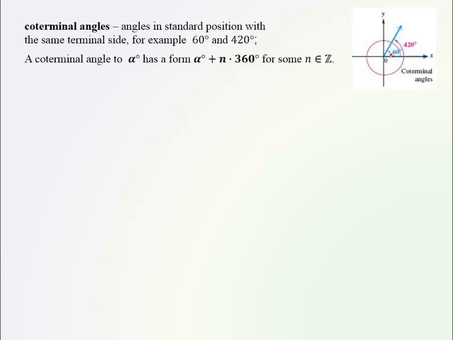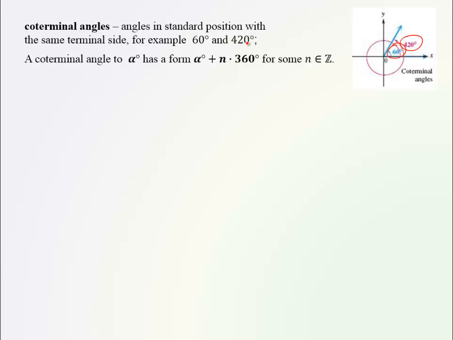That means, for example, here 60, and if we rotate the whole rotation and another 60, which is 420, these two angles are coterminal. They end up with the same terminal side. Remember, angles in standard position always start from the positive x-axis, but it's important where they end.